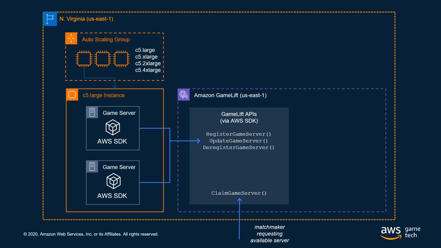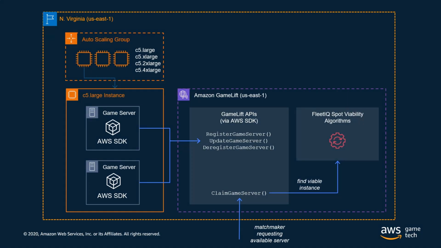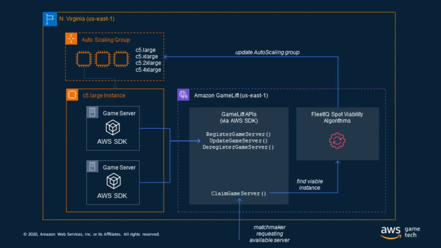It's going to call the claim game server API. That API is going to apply our viability logic, making sure we're only placing on viable spot instances, as well as it's also going to atomically claim a server so that there's no races in between your matchmaking threads. And once we have atomically claimed a server, we're going to go and update that auto-scaling group to set instance protection. This makes sure that auto-scaling won't scale down any instance that has your players on it.